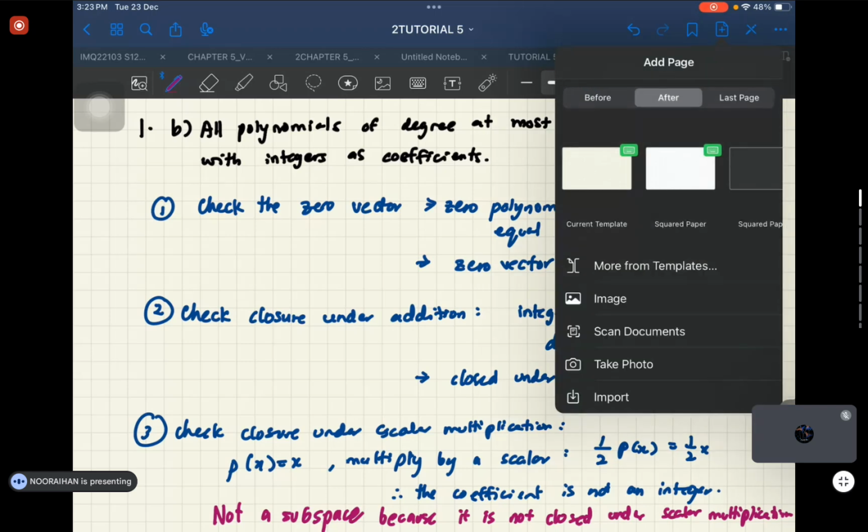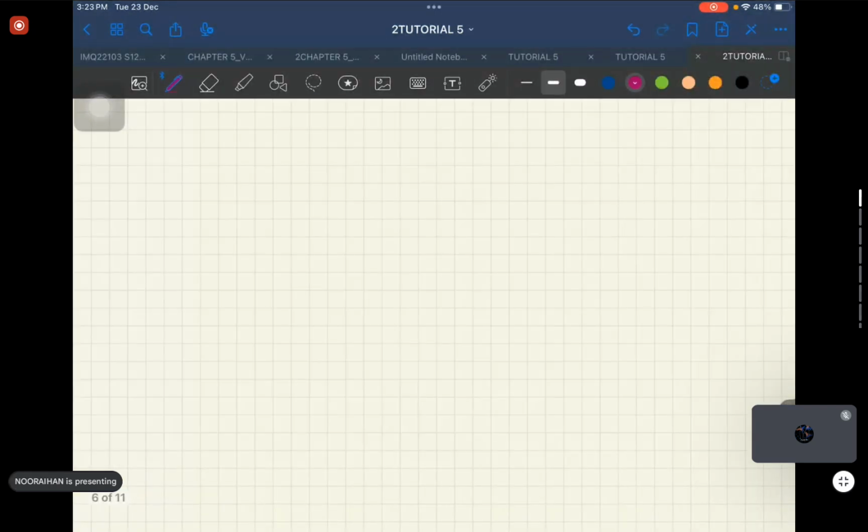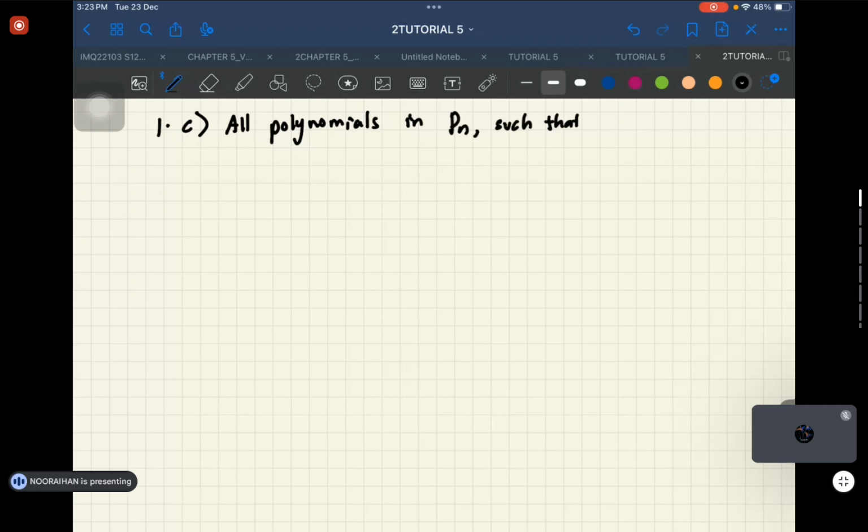Okay, now look at question number 1C. All polynomials in Pn such that p(0) is equal to 0.